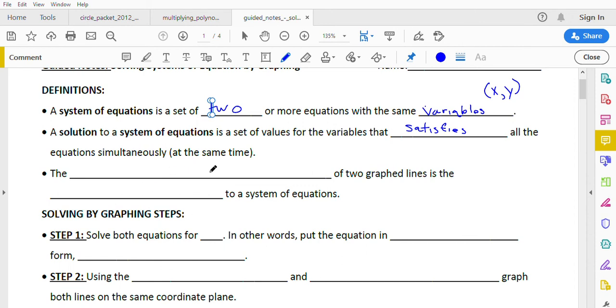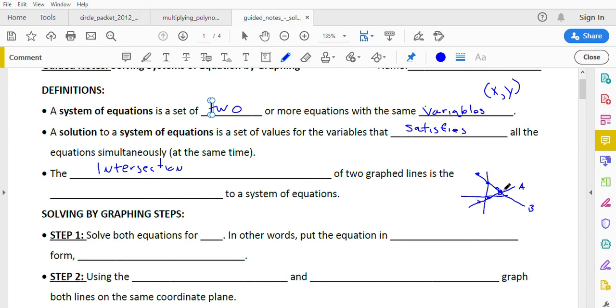The intersection of 2 graphed lines is the solution to the system of equations, the intersection where the 2 lines cross over. So what we're going to be doing, same thing we have been doing, this represents all the solutions to equation A, and this represents all the solutions to equation B. All these xy coordinates on the way down, and all these xy coordinates on the way up.